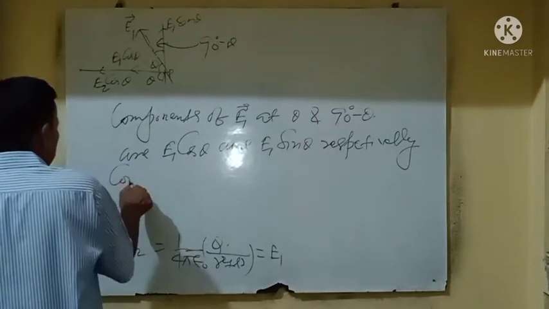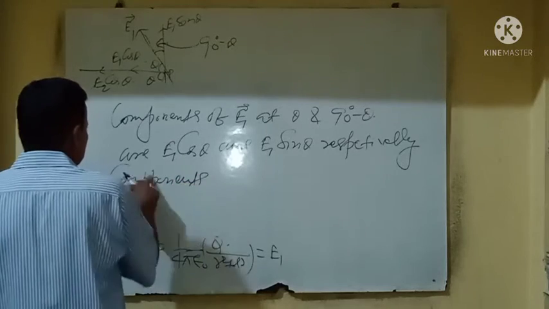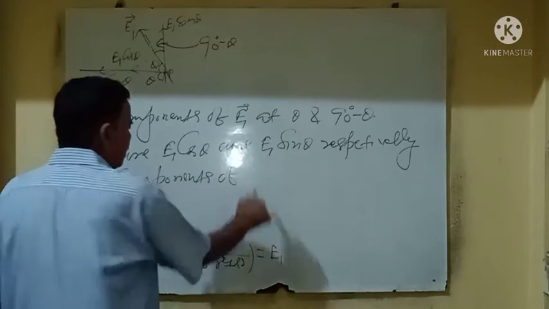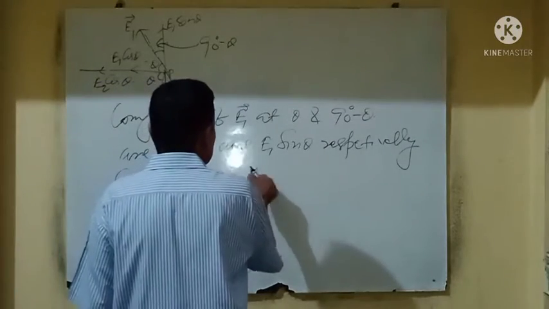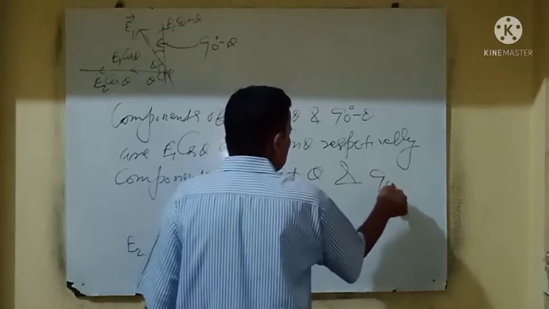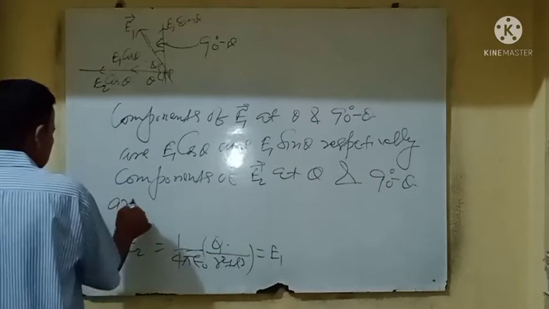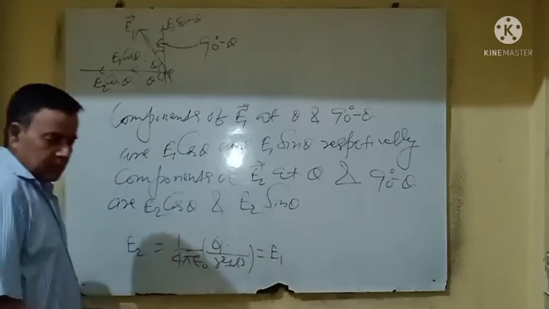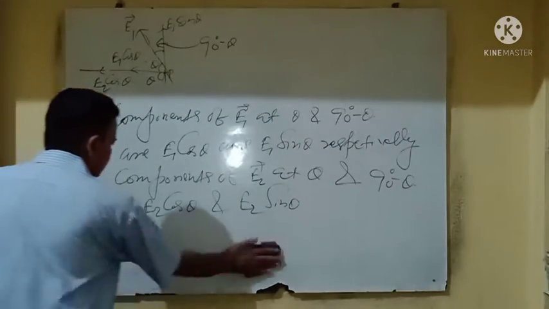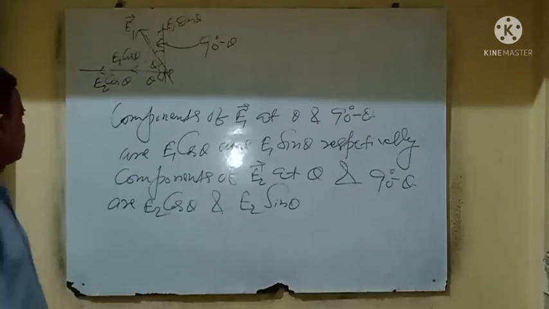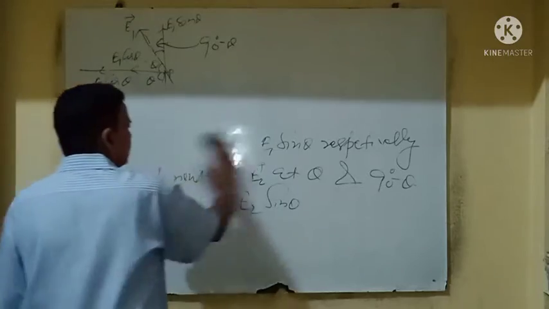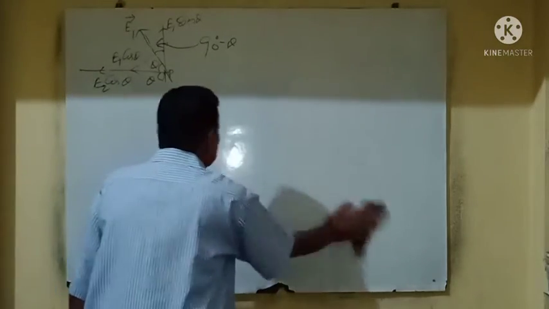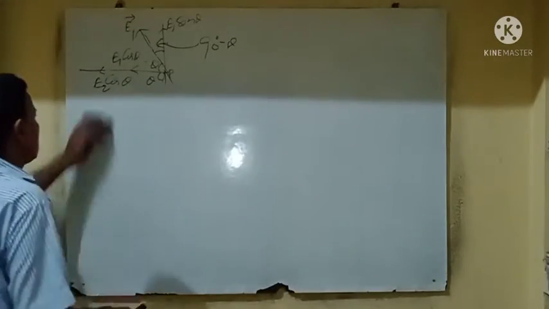Similarly, the components of E2 are E2 cos theta and E2 sin theta.